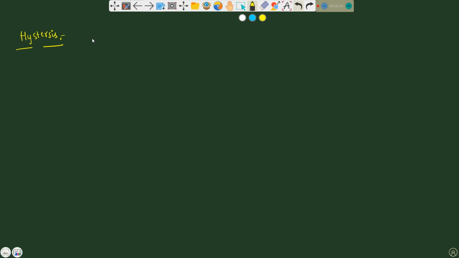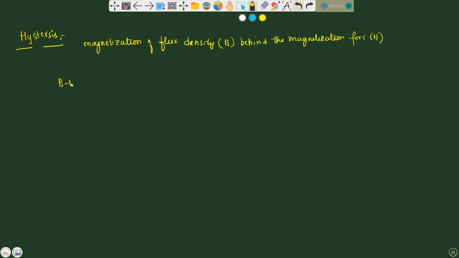It is defined as the magnetization of flux density, that is B, behind the magnetization force H. So you might be seeing that BH curve, right? So it will be like this. Okay, somewhat like this. This is the BH curve.